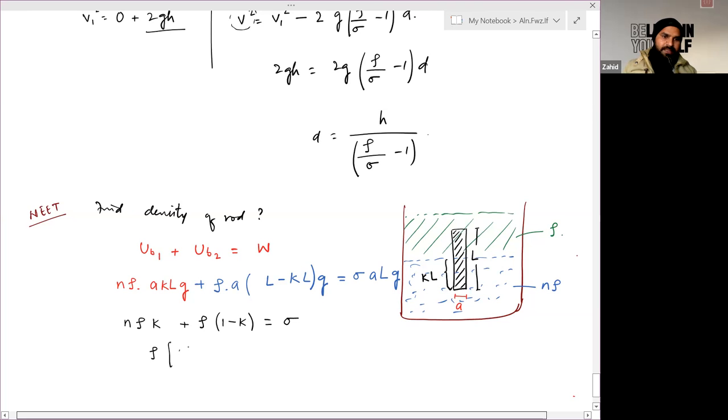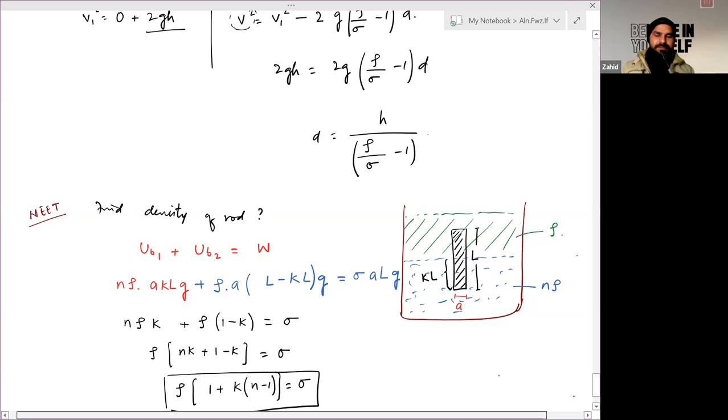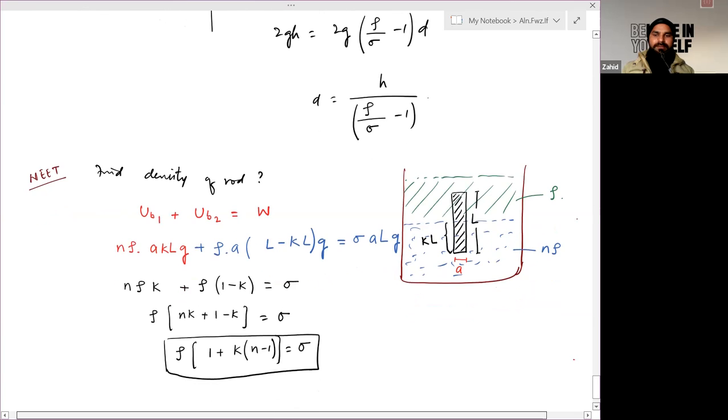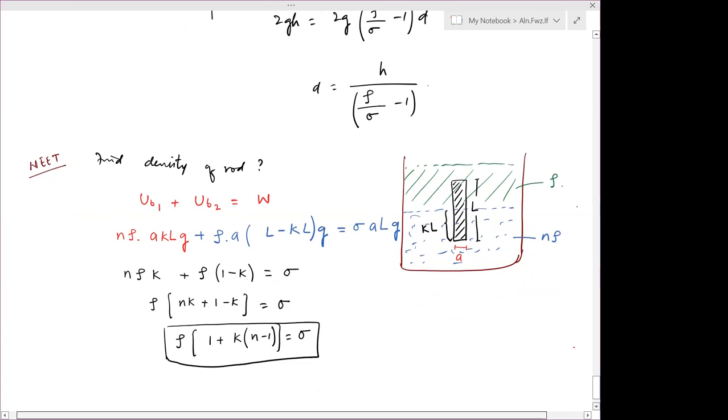So you're left with N times K plus 1 minus K equals sigma. We may write it as rho times 1 plus K times N minus 1 equals sigma. So this will be our final expression for the density of the object. Is it clear? Yes, sir.